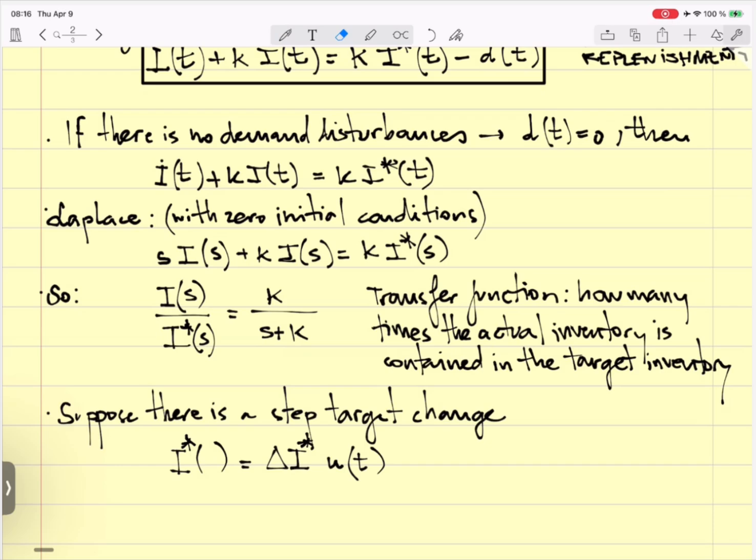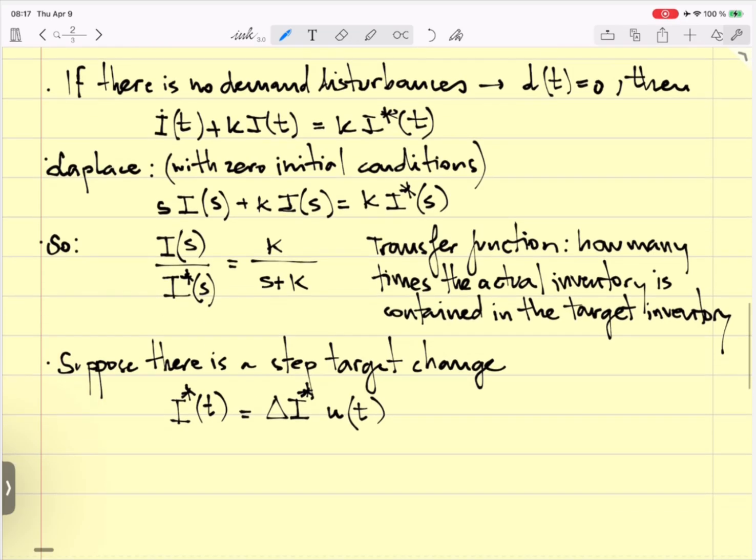Any questions? Do you have any questions? I can hear you. If you have questions, please put your microphone on and just ask. Then I of s star equals some quantity that we have increased divided by s.